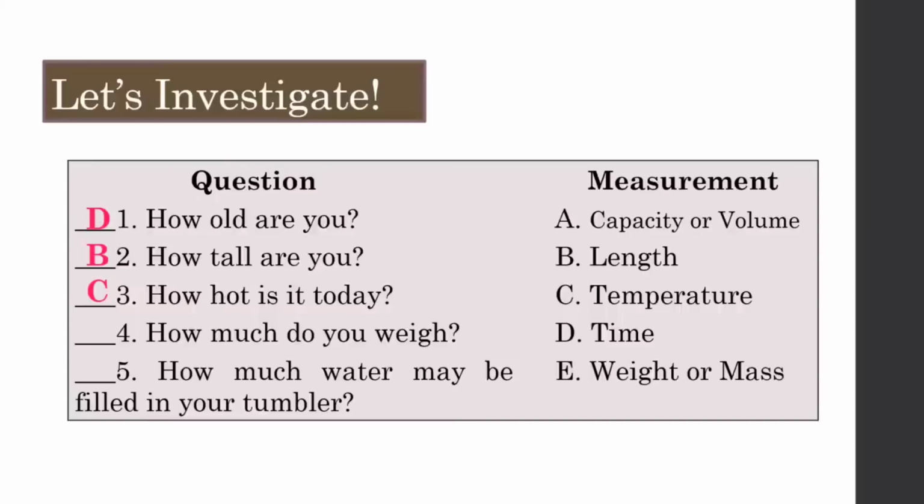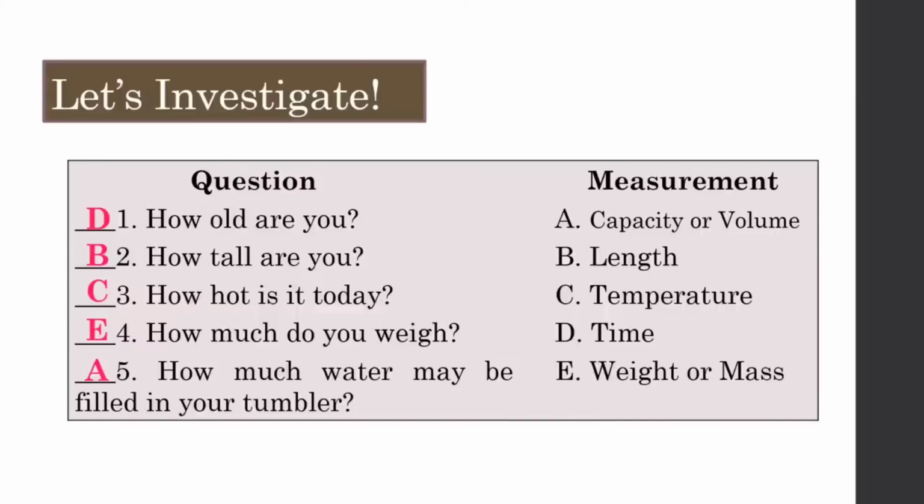Number 4, how much do you weigh, refers to measures of weight or mass. And for number 5, how much water may be filled in your tumbler? That question can be answered when we get the capacity or volume of the container. So for number 5, our answer should be letter A.